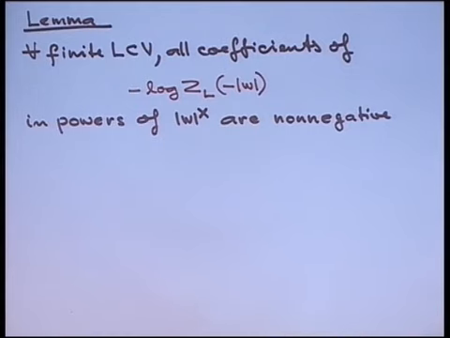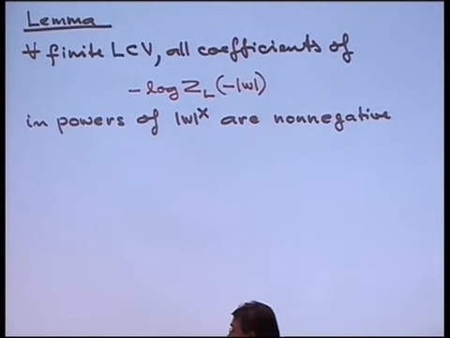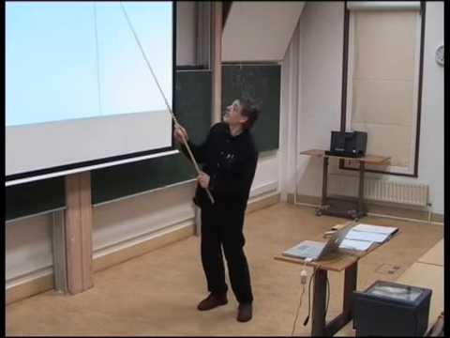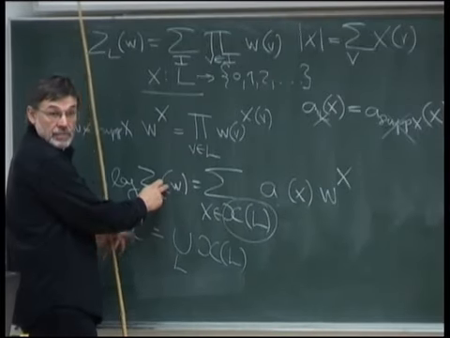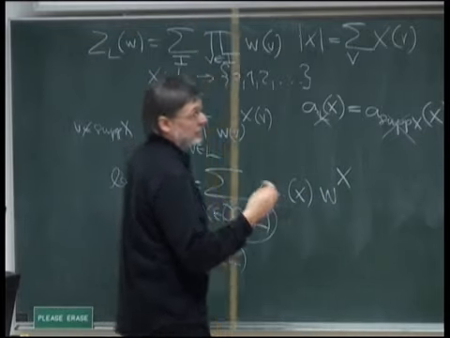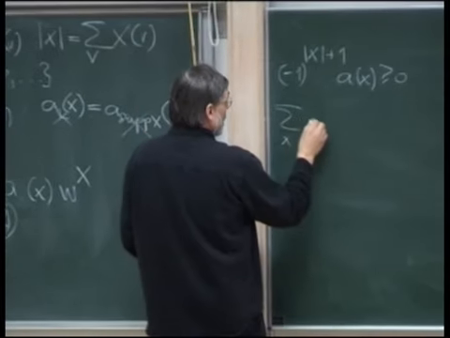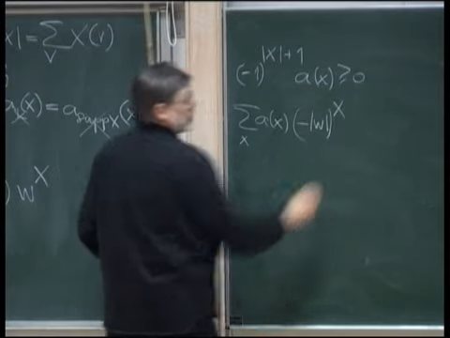So how can I see that this is equivalent to my sign property? I have here this formula for the logarithm of Z_L. This is what I want to expand, but I want to take the logarithm at the value minus absolute value of w. So I have the sum over x of A_X times minus absolute value of w to the power x.